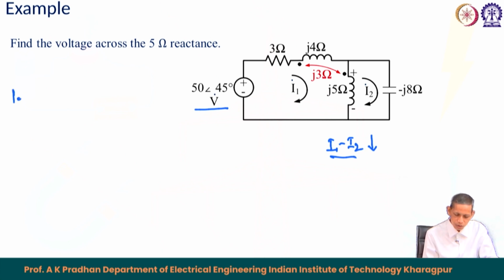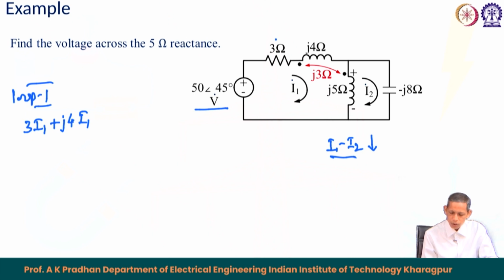So, let us say first loop 1, the corresponding equations. We have 3 elements here: 3 ohm, 4 ohm and the 5 ohm. So, write for the 3 ohm first. This becomes equal to 3 into I1, plus J4 into I1.